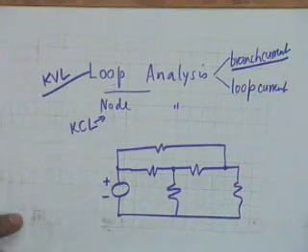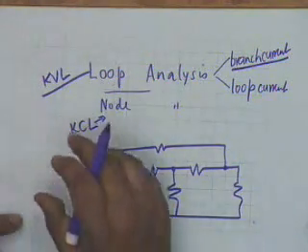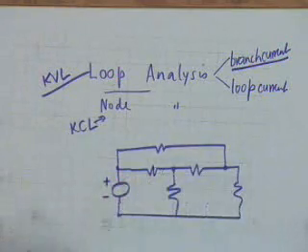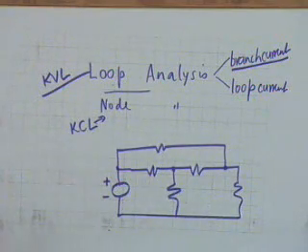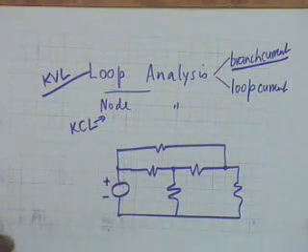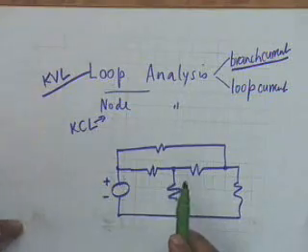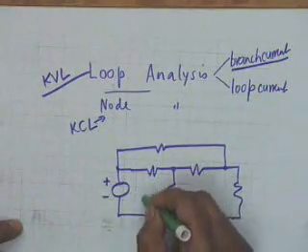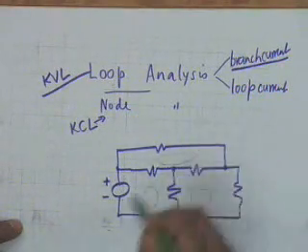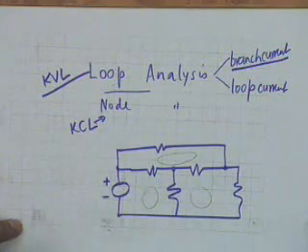Now, can you tell me by looking at this circuit which method you shall follow? Loop analysis or node analysis? If you follow loop analysis, well, the answer is incorrect. If you follow loop analysis, you formulate 3 loops. You shall have to write 3 equations.